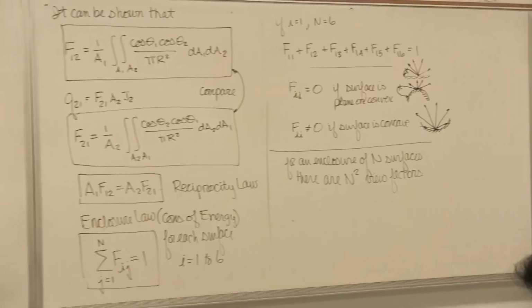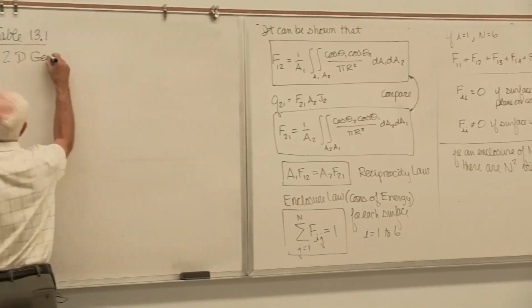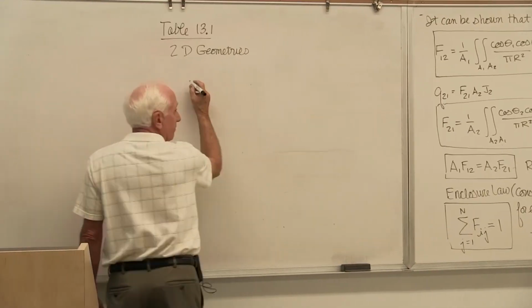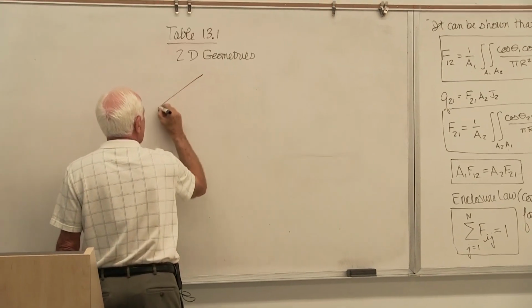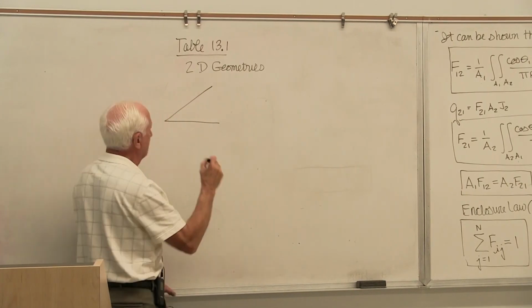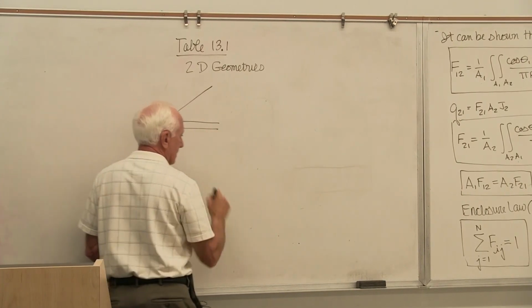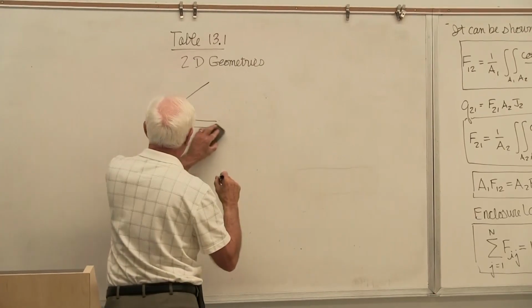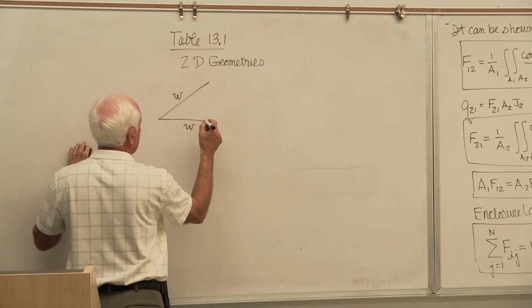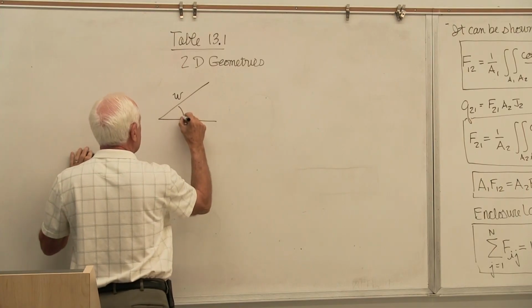These are 2D geometries. One, for instance, looks like this. There are 7 given in the table. This is distance W, this is distance W. This is angle alpha.